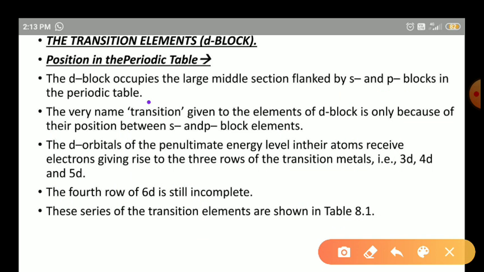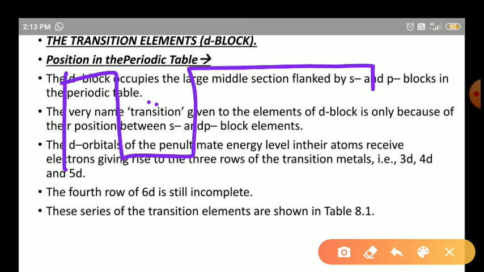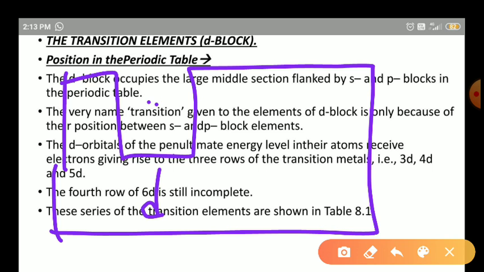The name transition means the promotion of electrons to the next higher energy levels. That's why they are called transition elements. These elements lie between the s and p blocks, where s block elements are metals and p block elements are non-metals.